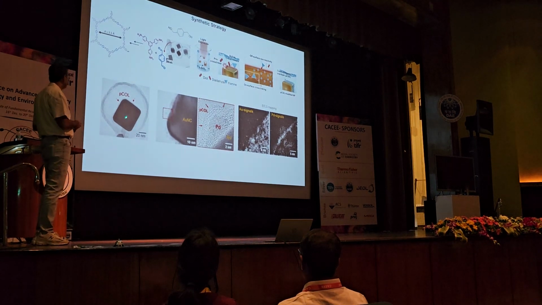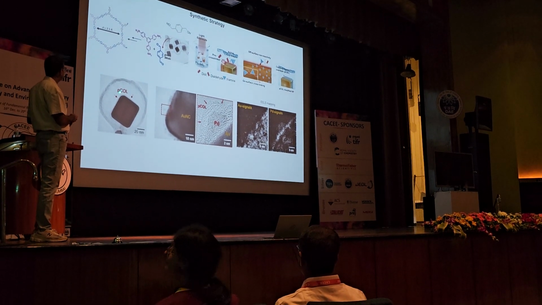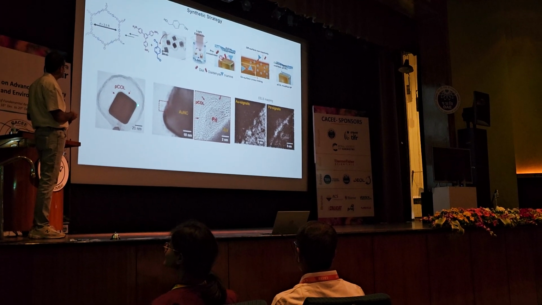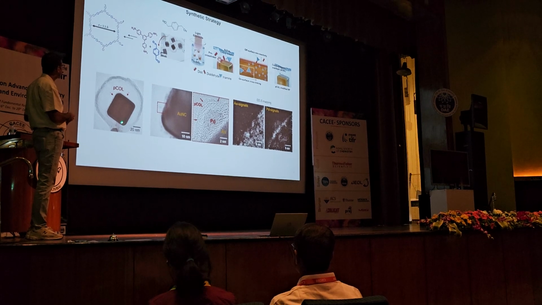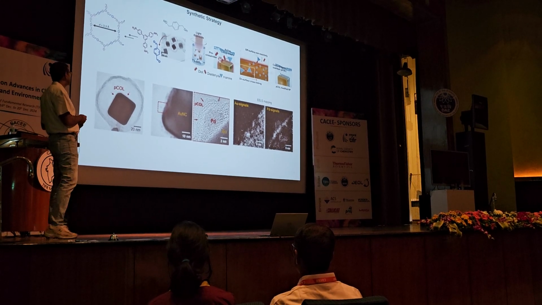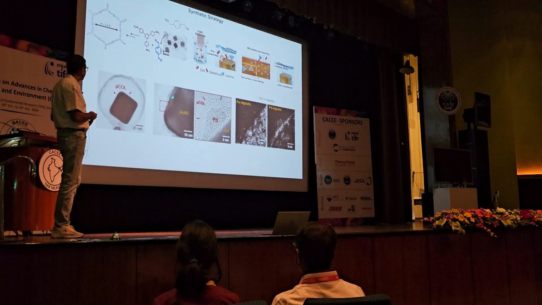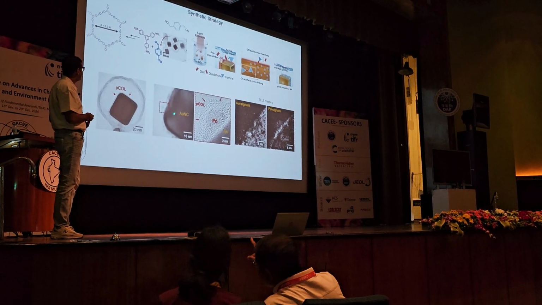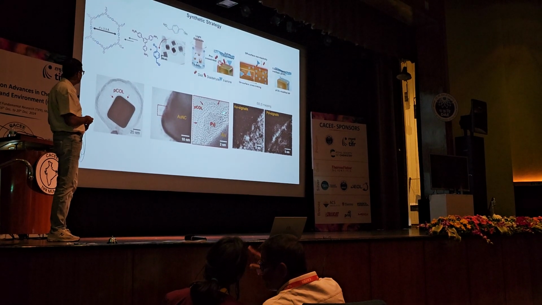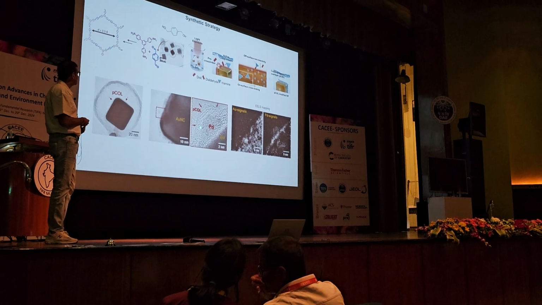As you can see in TEM, this covalent organic layer is conformally coated on the nanocrystal surface. And in the second step, we treat with the catalytic metal. That catalytic metal goes to the metal core, and the COF layer comes on the top.